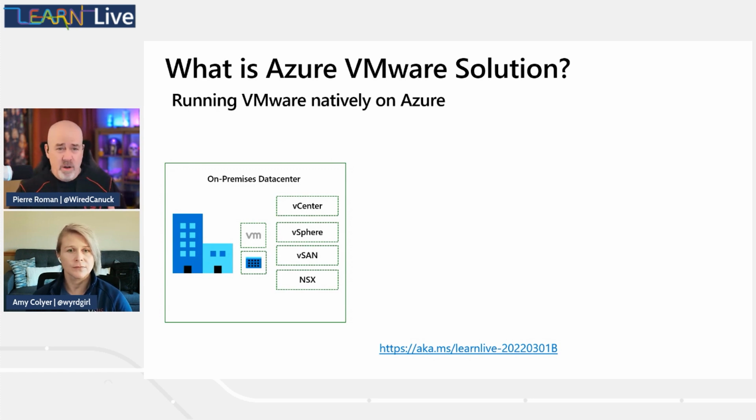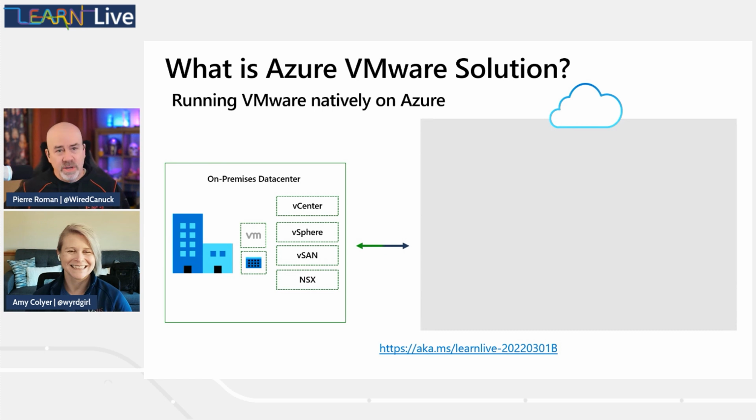So you've got your on-prem environment with all your workloads, your applications, everything running in vSphere, vCenter, and all that V stuff. Now, you can create in Azure for multiple reasons. Maybe you have to shrink your data center footprint. Maybe you've reached capacity of your own data center and need to expand somewhere else. There's a number of different reasons why you would want to do that.